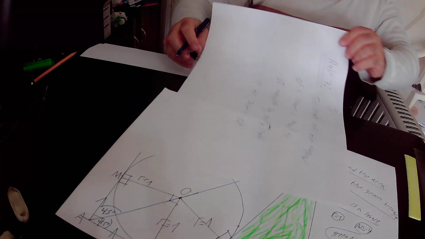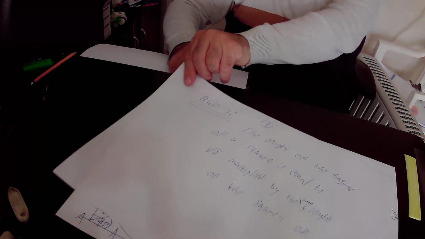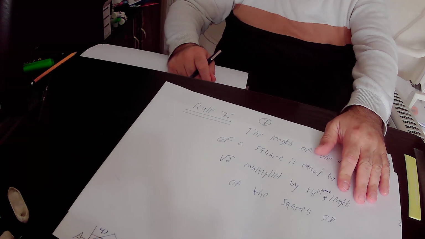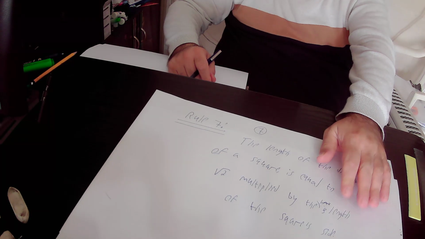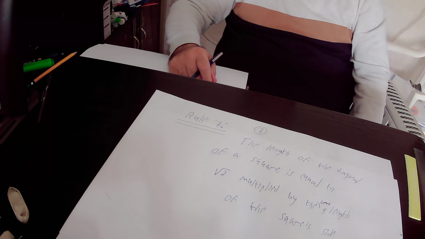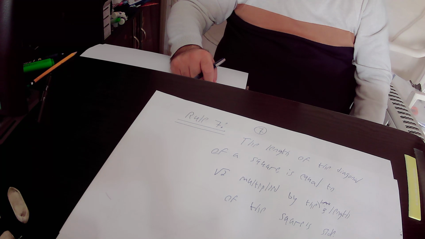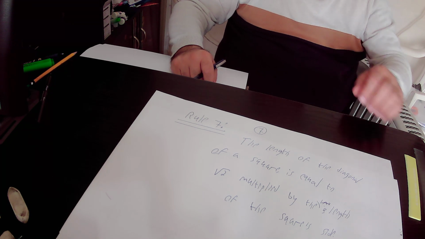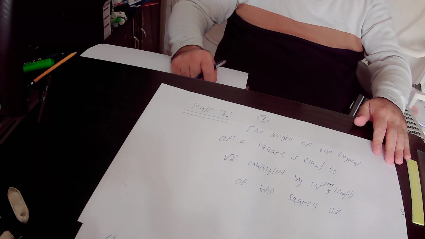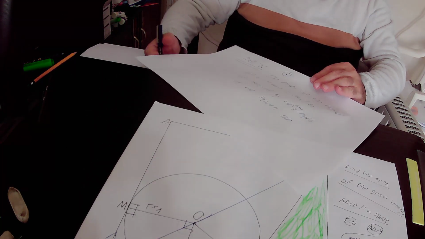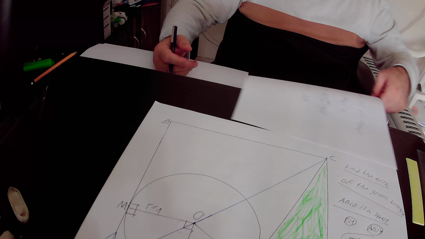I will repeat rule number 7 again. According to rule number 7, the length of the diagonal of a square is equal to square root of 2 multiplied by the length of the square's sides. So what is the meaning of rule number 7?